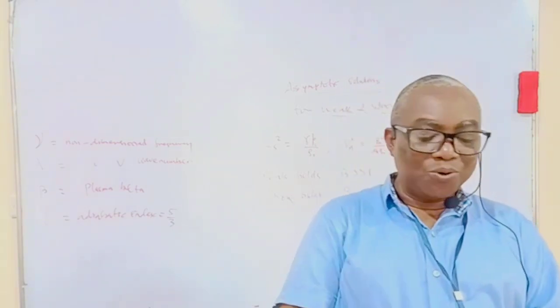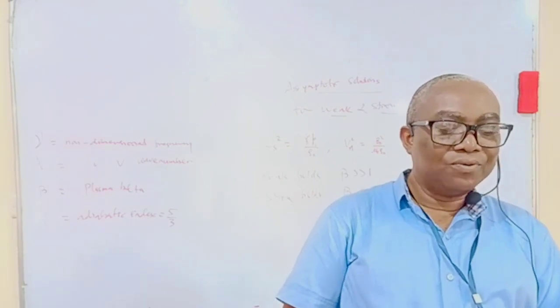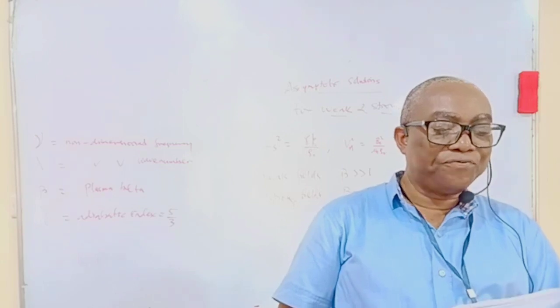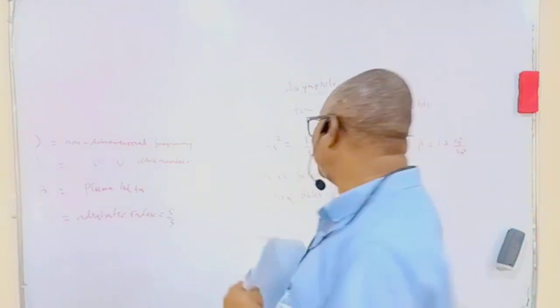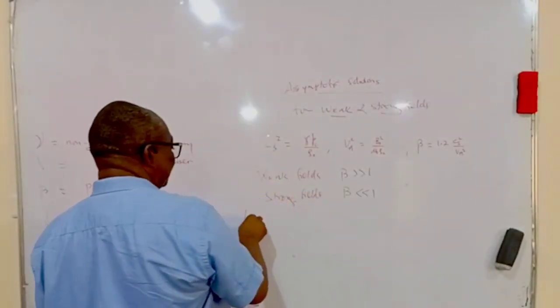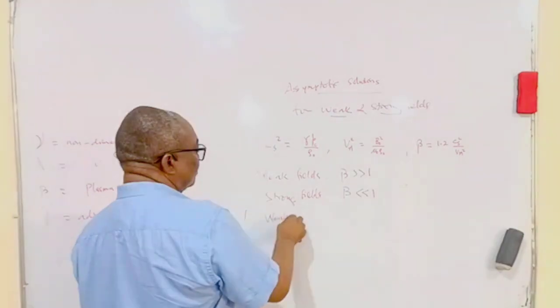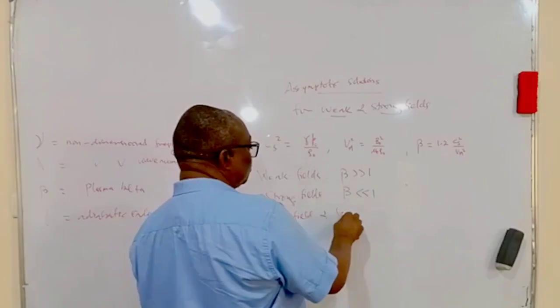Now, I will not do so much. Now, let us look for weak field and a fast mode. Now, the first solution we will consider, one, we will consider weak field and then fast mode.